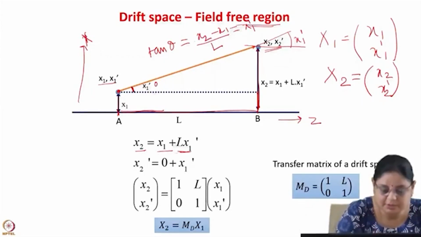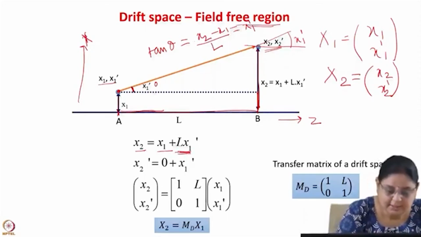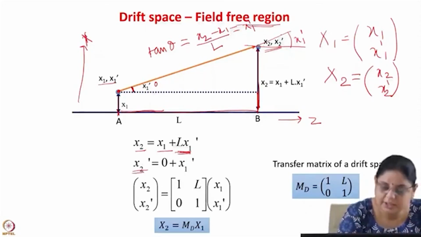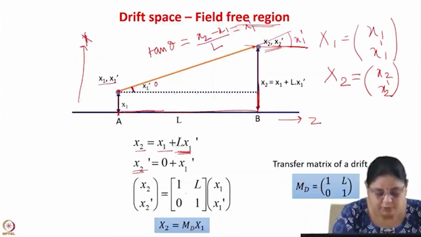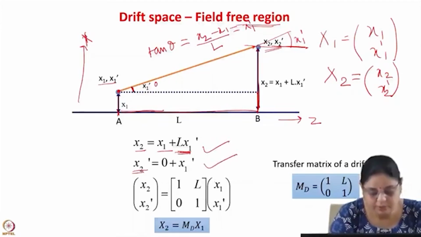So this expression can be written here like this. And also, as I said, since there is no change in the divergence, x2 prime is equal to x1 prime. Now these equations can be written in matrix form: [x2, x2 prime] is equal to [[1, L],[0, 1]] times [x1, x1 prime]. If you solve this matrix, you will get these two equations.